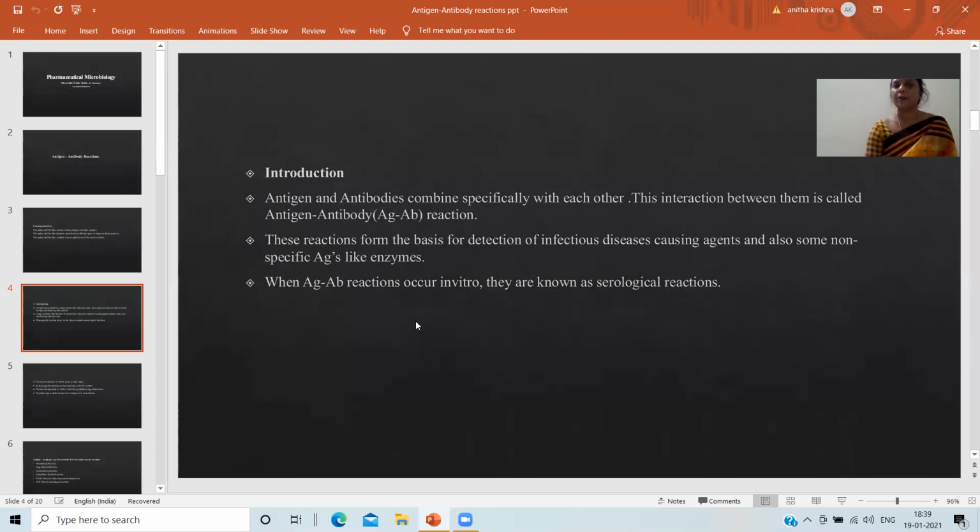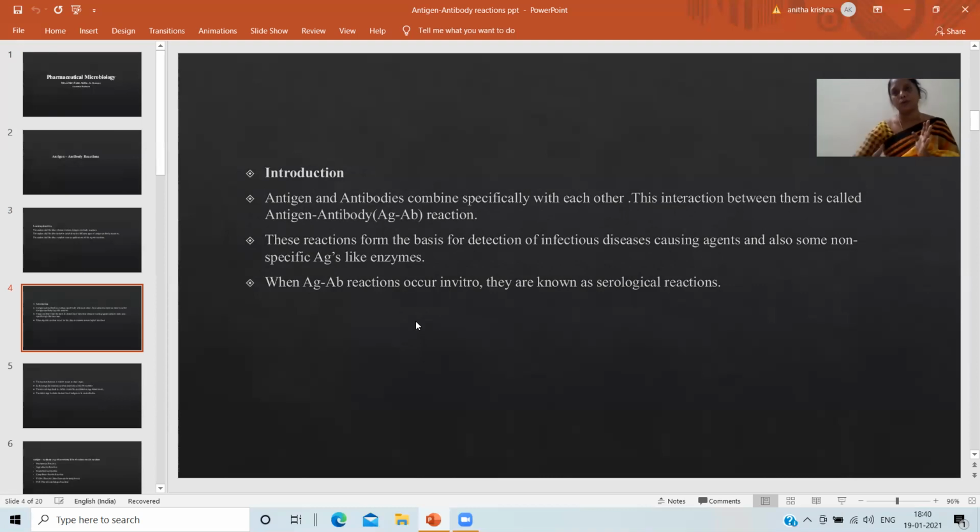When antigen antibody reactions occur in vitro, they are known as serological reactions. These serological tests involve the interaction between an antigen and antibody in the blood serum. They are used for the diagnosis of various infectious diseases like autoimmune diseases, and also for the grouping of human blood and animal blood.